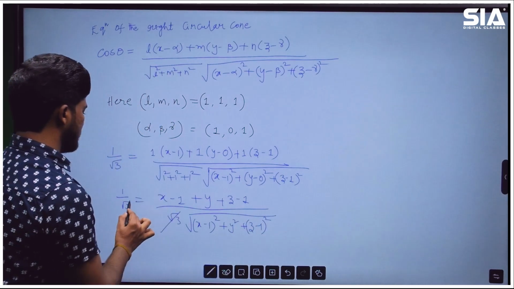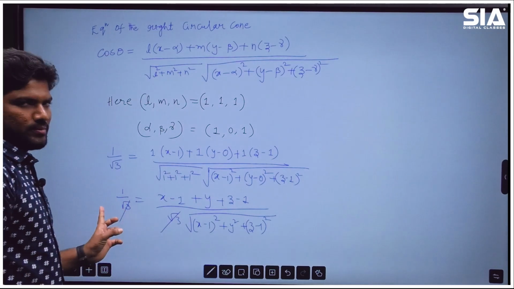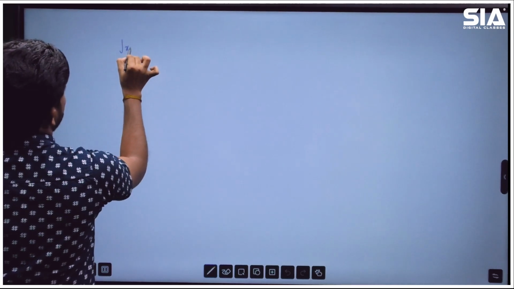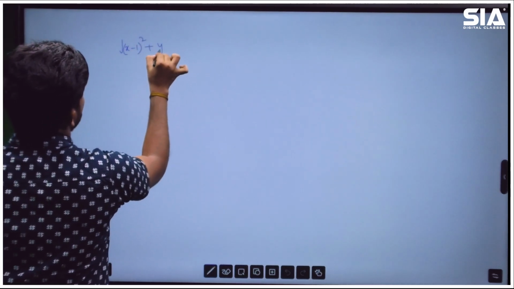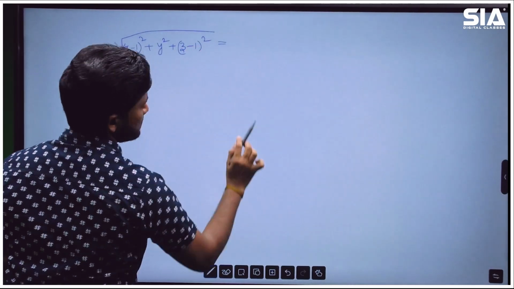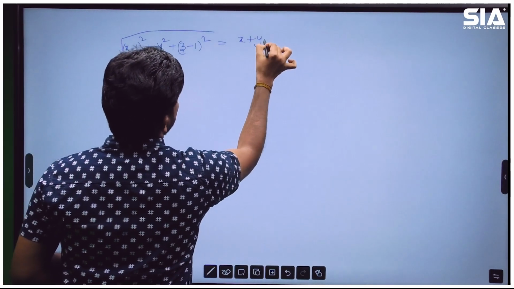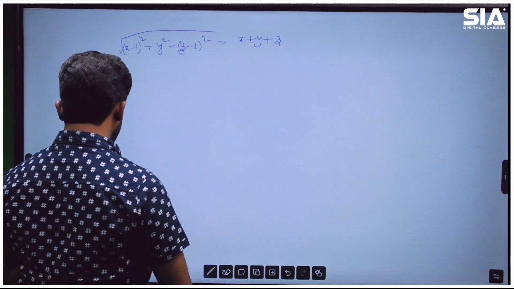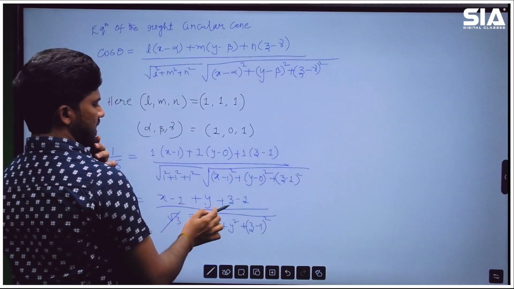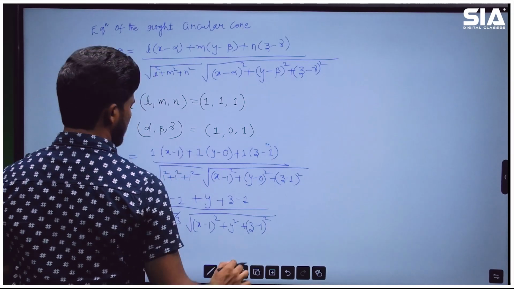Okay, so root 3 gets cancelled. Then do cross multiplication. If you do the cross multiplication, you will get root of (x minus 1) whole square plus y square plus (z minus 1) whole square equal to, what is the LHS value? x plus y plus z minus 1 minus 1, so we can write x plus y plus z minus 2.